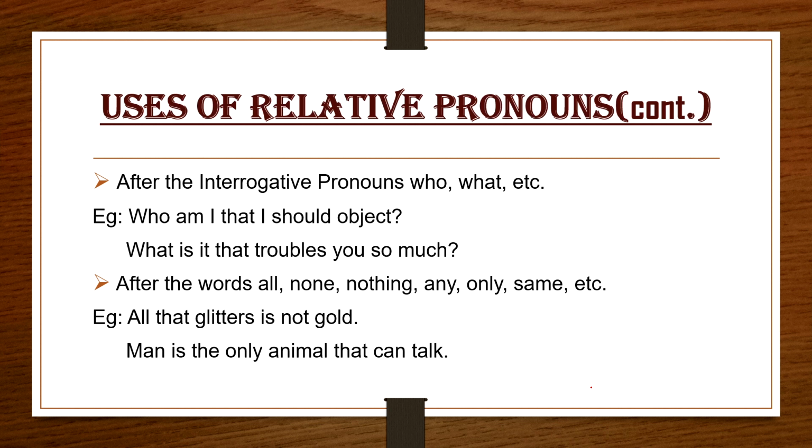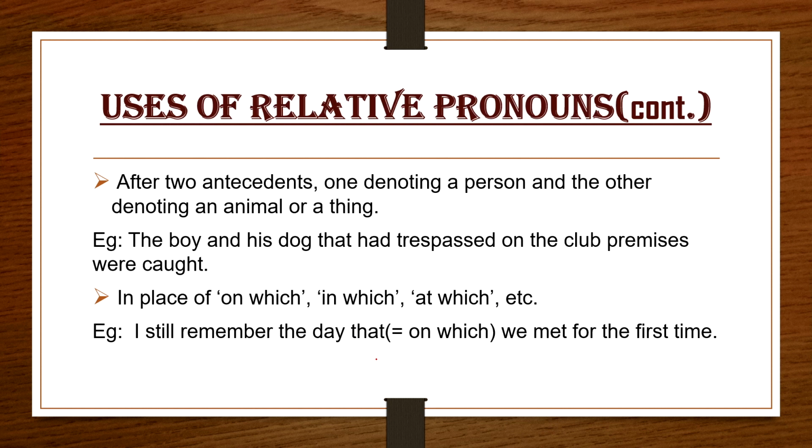After the words all, none, nothing, any, only, same, etc. All that glitters is not gold. Man is the only animal that can talk. Moving on, that is also used after two antecedents, one denoting a person and the other denoting an animal or a thing.